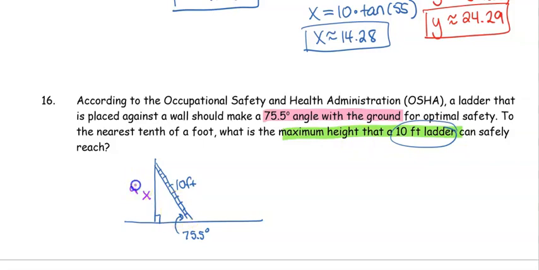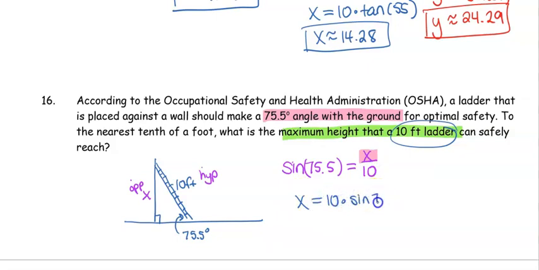Here's my angle. This is opposite. This is my hypotenuse. So we have O and H, which is sine. Sine of my angle 75.5 is equal to x over 10. Our variable is on top, so we are going to be multiplying. X is equal to 10 times the sine of 75.5.